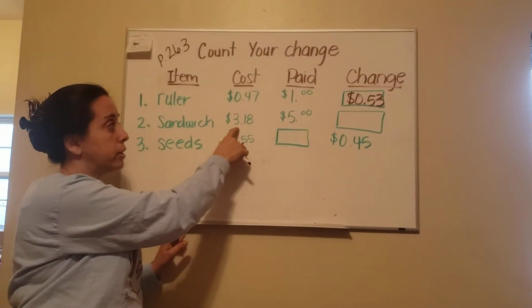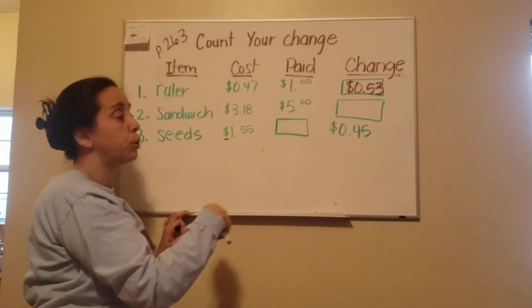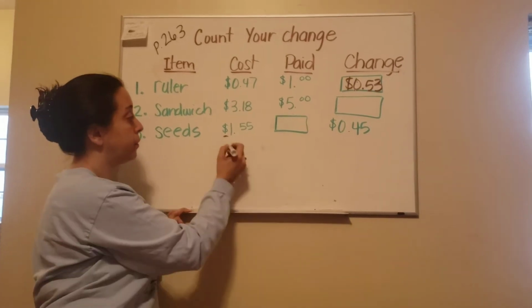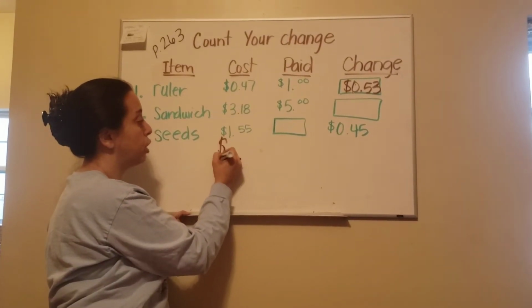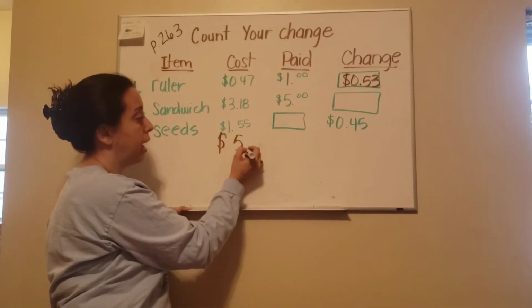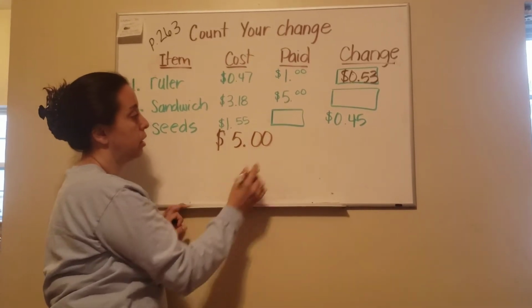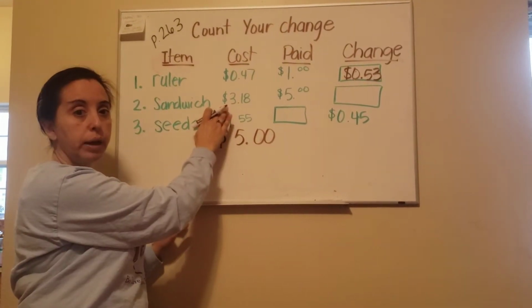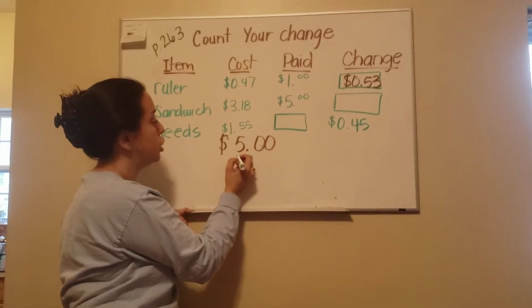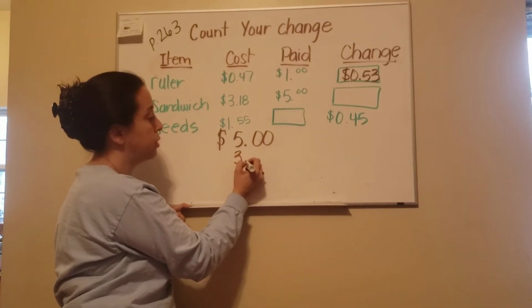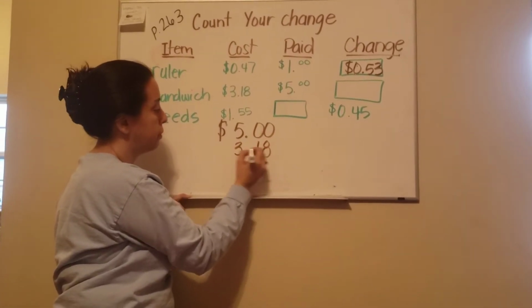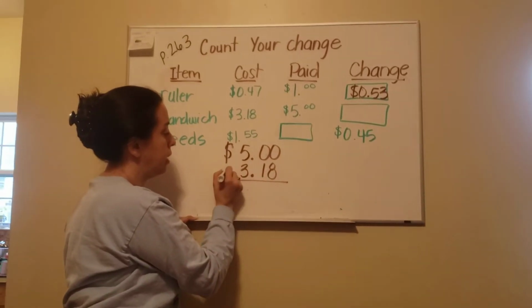It cost $3.18. So you're going to have to subtract. So you know your largest number goes on top, $5. How much did you pay? $3.18. So line up your decimal points and now subtract.